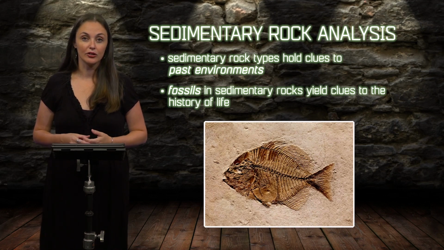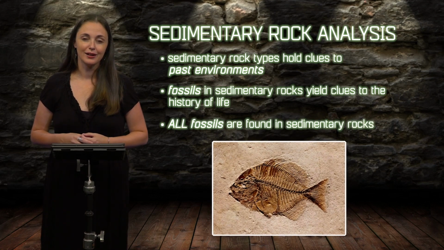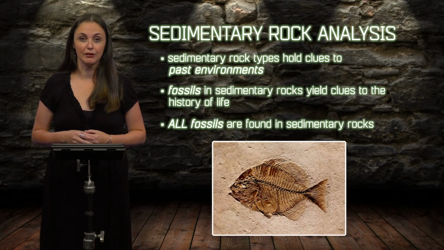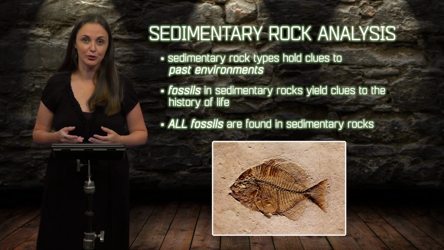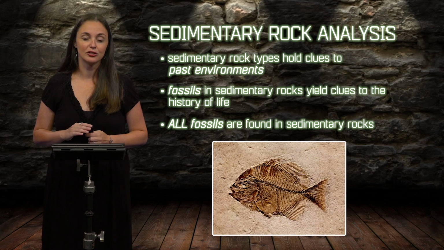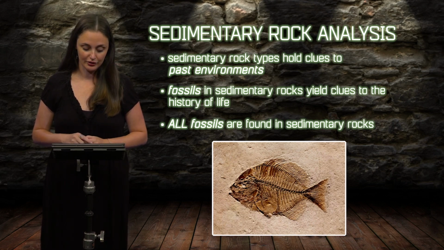Now, sedimentary rocks are essentially the only type of rock that really contains fossils, at least from our point of view. It is maybe remotely possible for something like an igneous lava flow to record a fossil under the right circumstances. But from our perspective, let's just say that fossils will only really be found in sedimentary rocks.